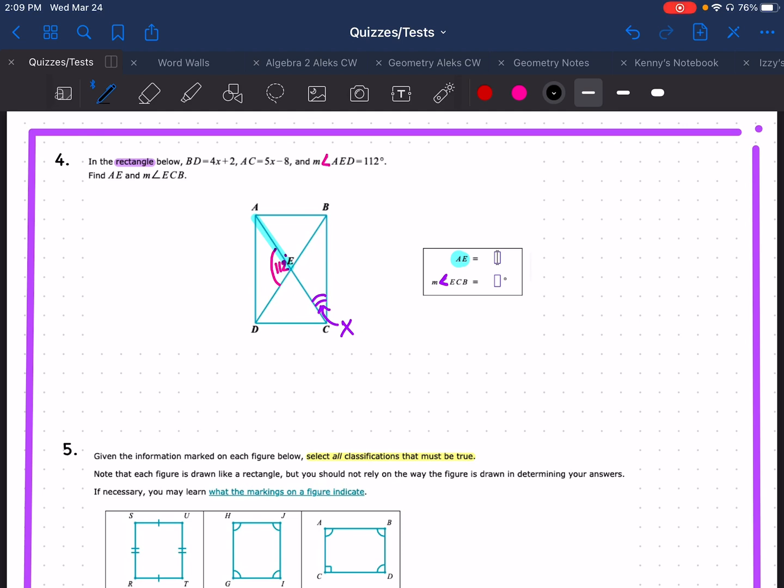All right, you're going to have two of these questions, and I do want to do this one because it is just a little bit different with the angles, and it focuses a little bit differently on the isosceles triangle. So we have our triangle. Notice this time they're talking about BD and AC, being these two expressions. The diagonals are equal to each other.